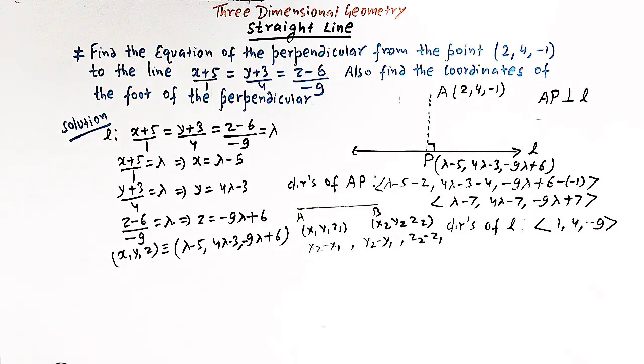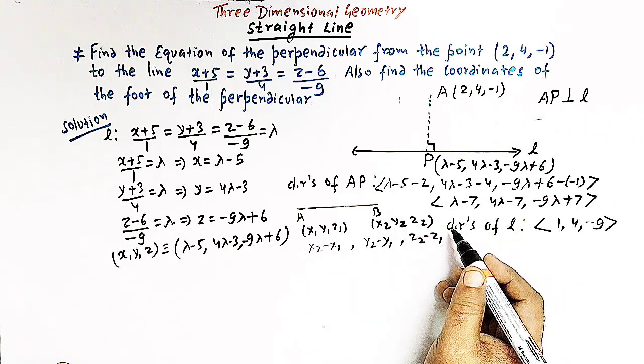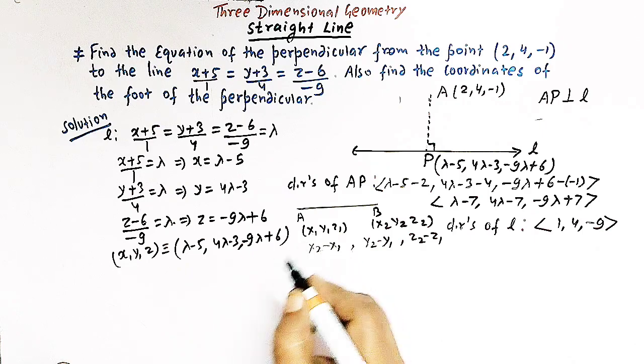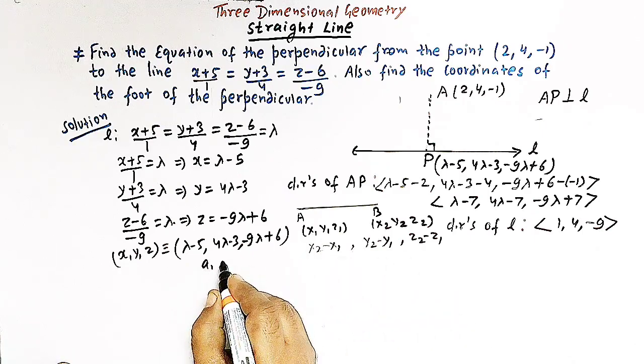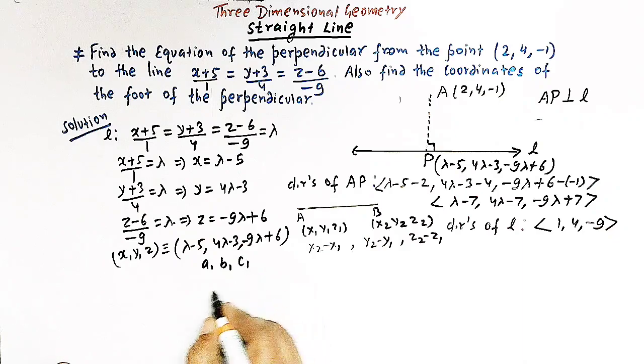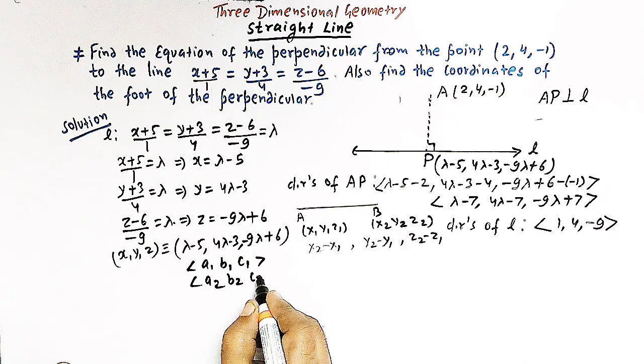So now let us apply the concept of perpendicularity of two lines, right? Suppose two lines are perpendicular and their direction ratios are a1, b1, c1 and a2, b2, c2.